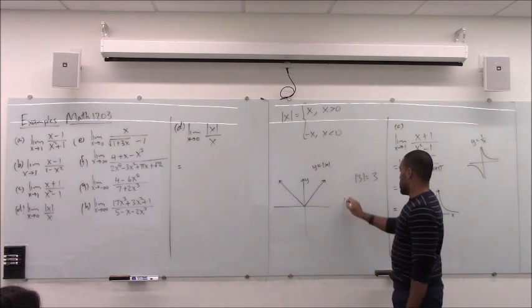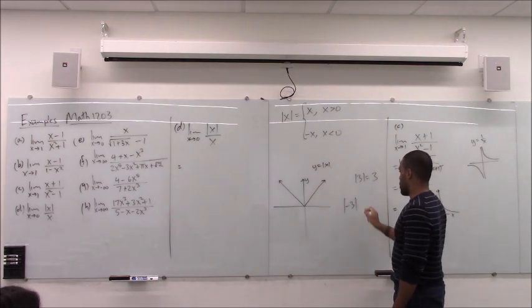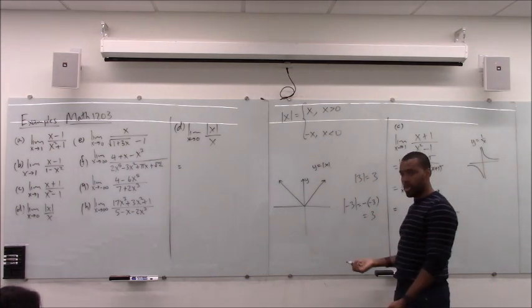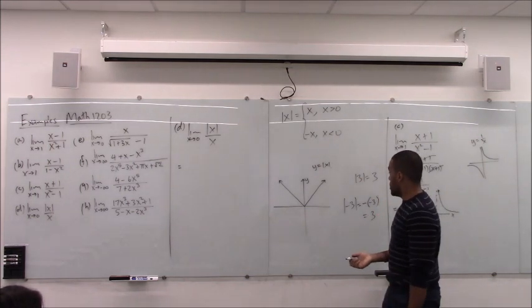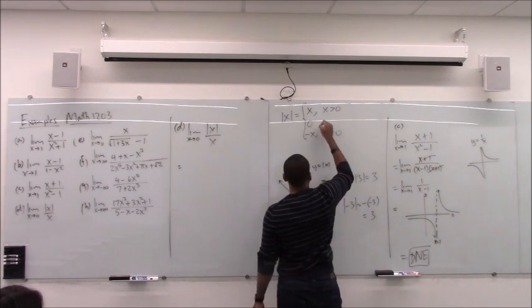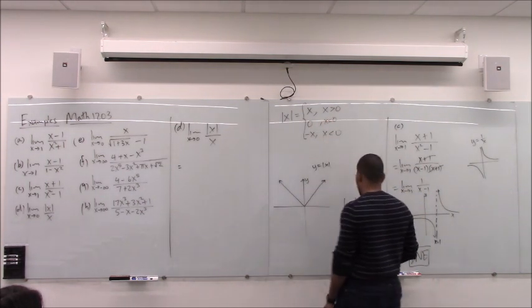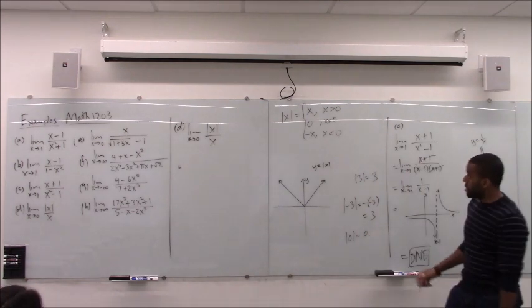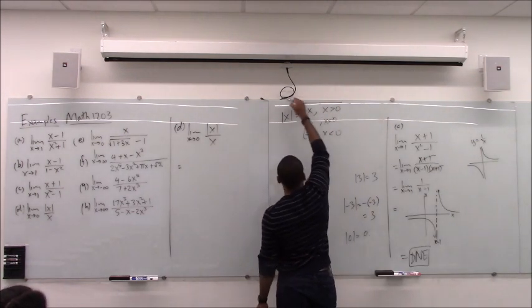So if inside the absolute value you have a negative number, it takes the negative of the negative number to turn it positive. That's how it makes it positive. And it's 0 when x is 0, so the absolute value of 0 is 0. This is the definition that's important. You need to know that.